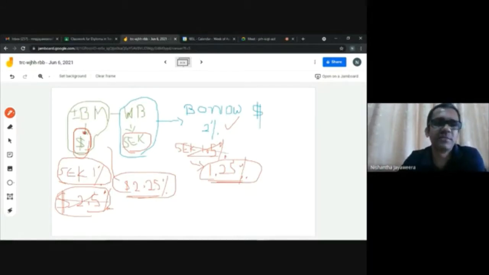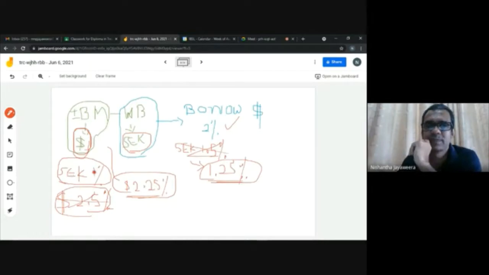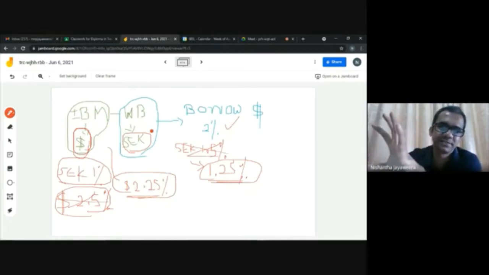As you said, IBM borrows SEK, the Swedish krona, locally, converts it with some other party into dollars and uses it. World Bank borrows dollars, converts it into Swedish krona, uses it. That's a completely different transaction.